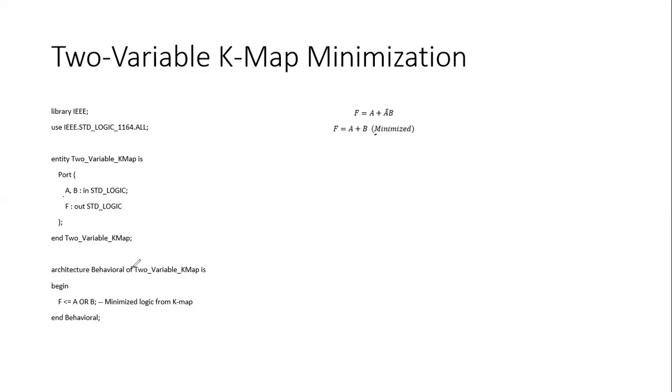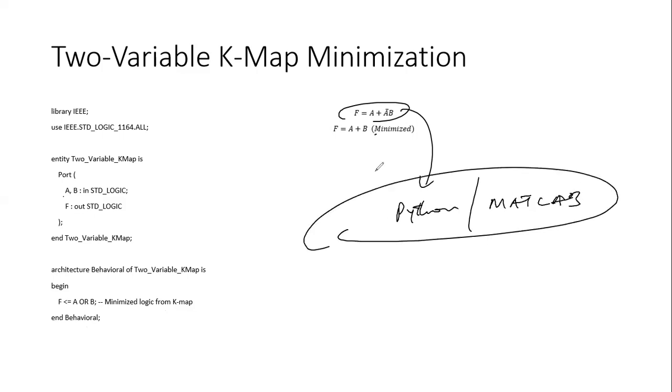And that AB is what we implemented in the VHDL code. So the minimization operation using the algorithm could be implemented using Python or MATLAB, and then the final result we just implement in VHDL, okay?